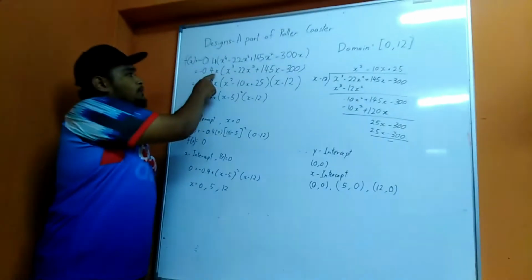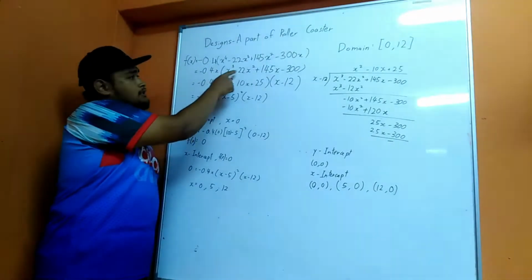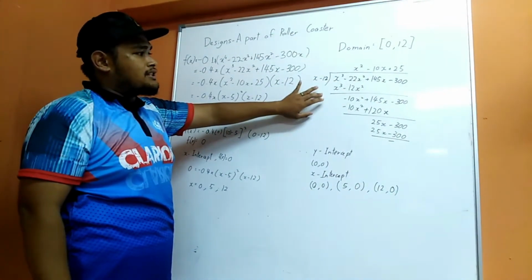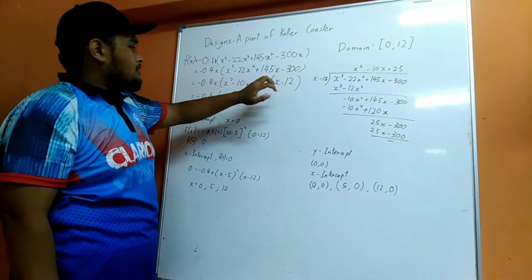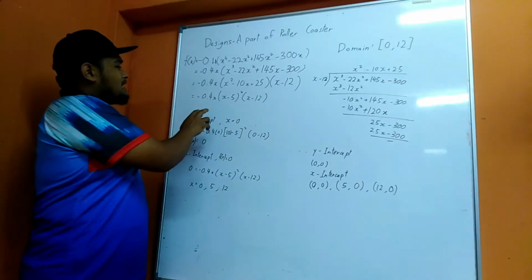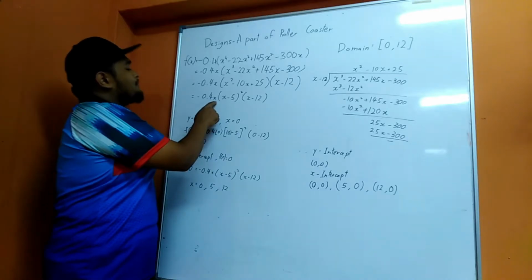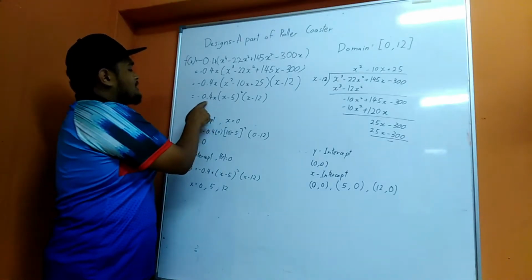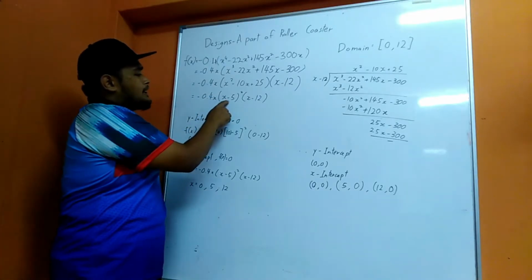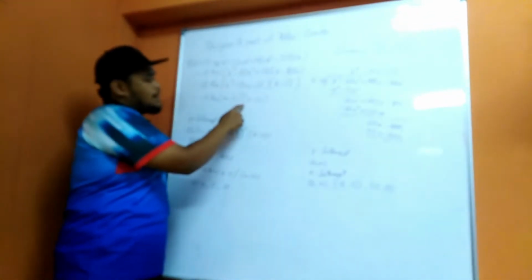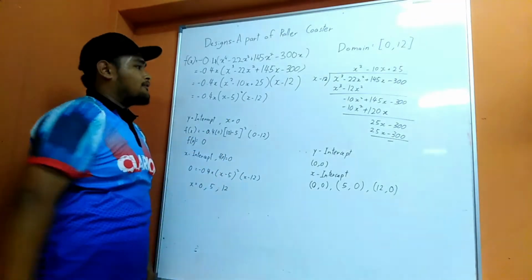Next step, we must find the roots for this equation, and we do division for this equation, and we get the simplified form, which is negative 0.4x times (x minus 5) squared times (x minus 12).